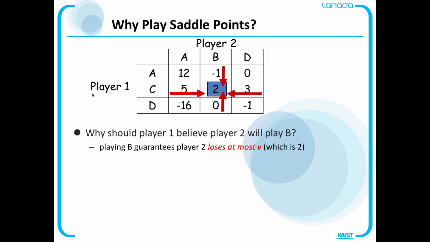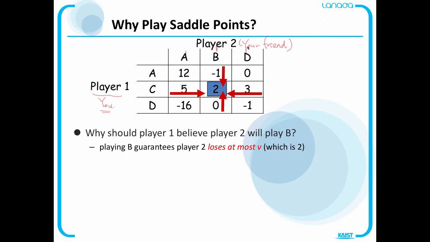Suppose that you are player 1 and player 2 is your friend. I need to expect my friend's mind, player 2's mind. So you are thinking that player 2 will choose A or B or D. What is the criterion under which your friend will choose a strategy?